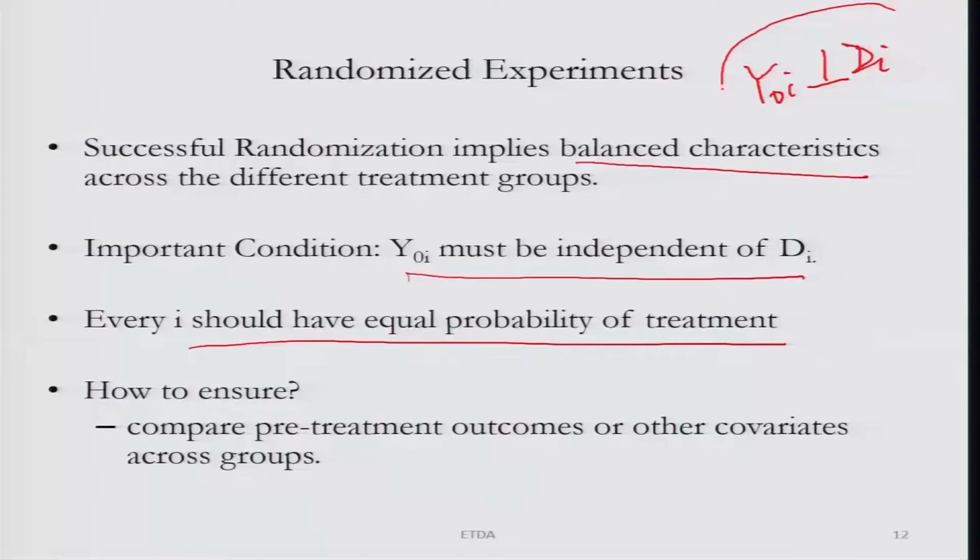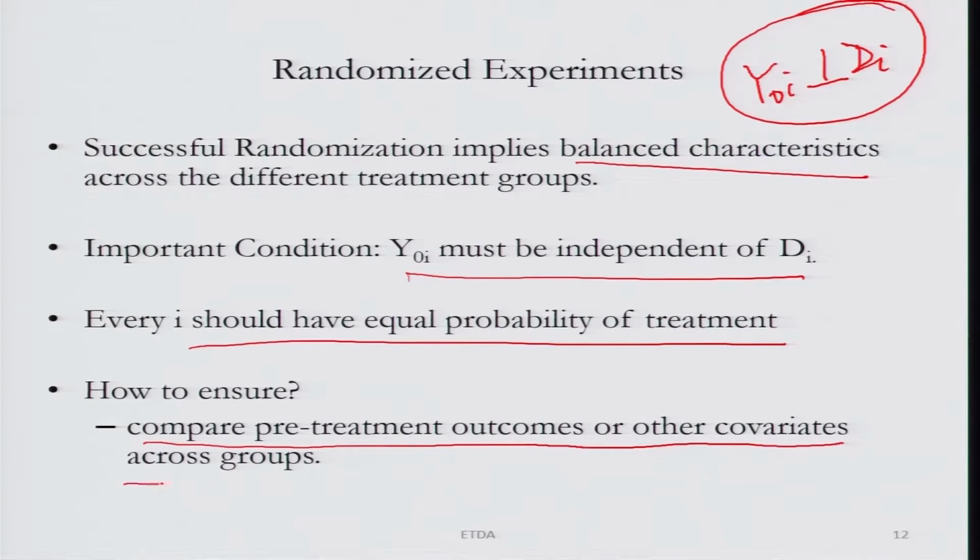It is more difficult to think of a purchase rate even before you have instituted the experiment. So, in those cases where you do not have observations on y naught i, another way to check this conditional independence assumption is to compare the pre-treatment outcomes or other covariates across the treatment and the control group.